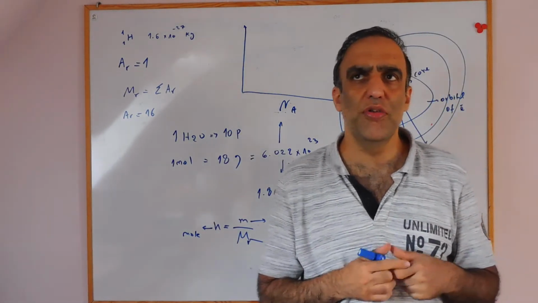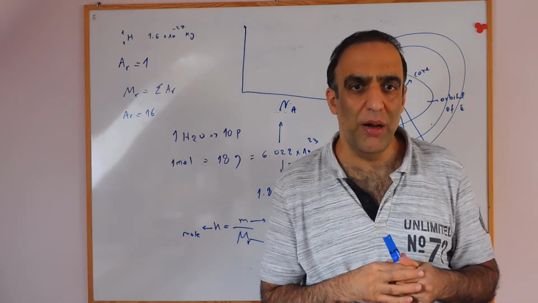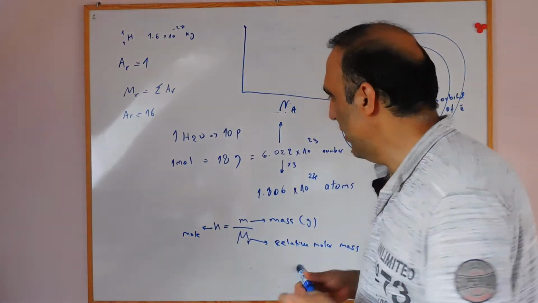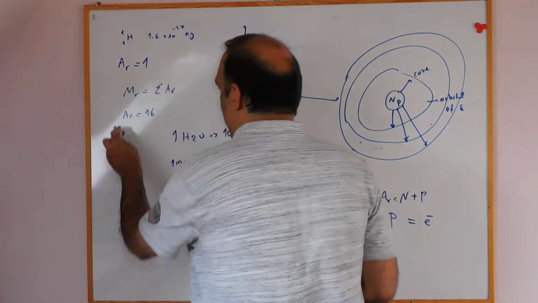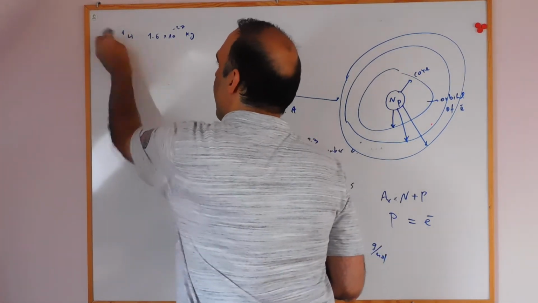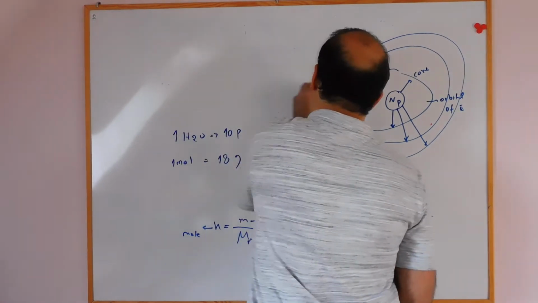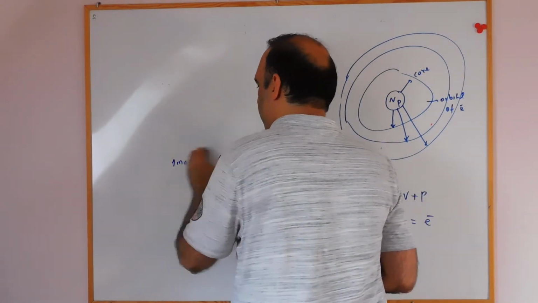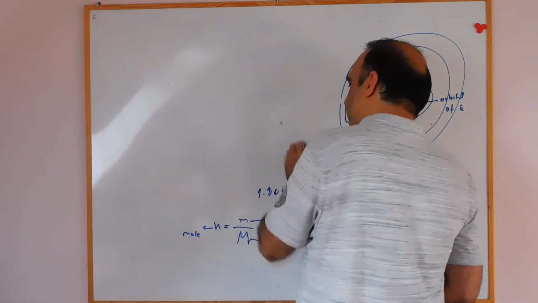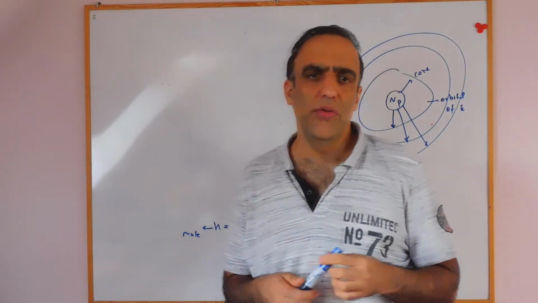Now I want to continue with the quantum numbers. We have 4 types of quantum number.